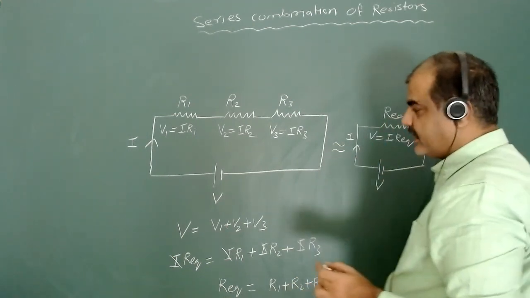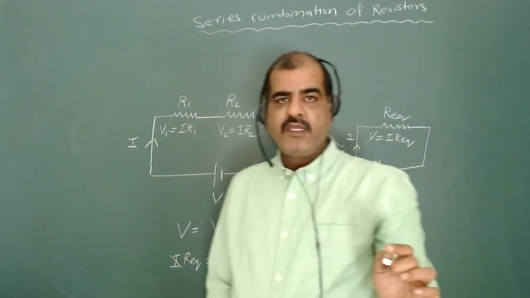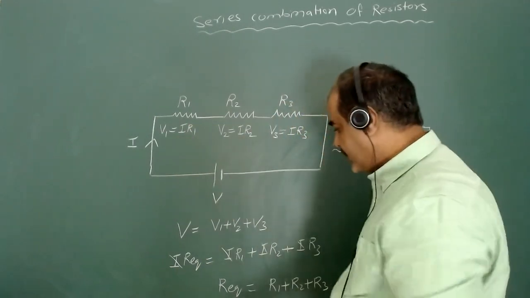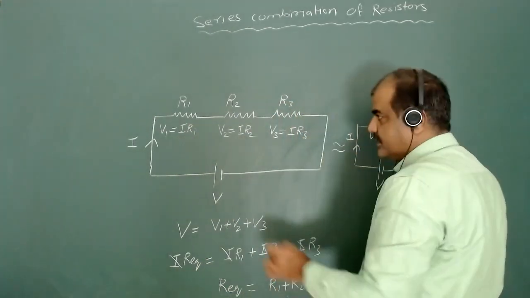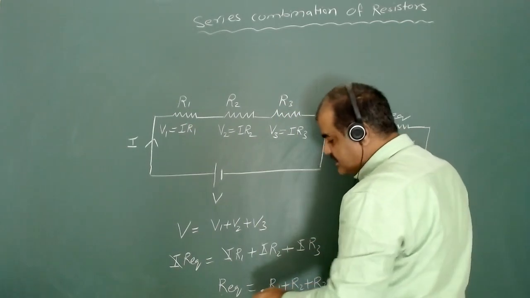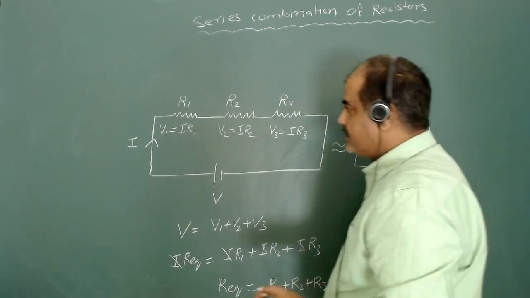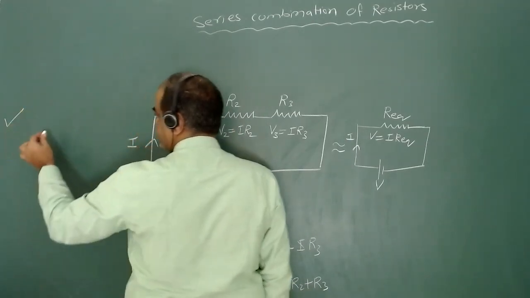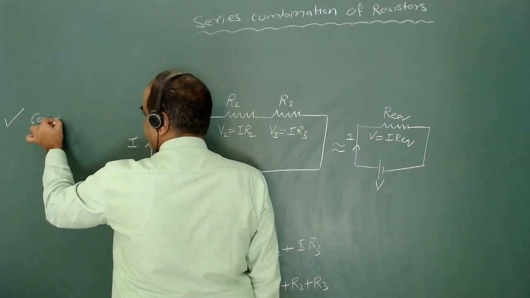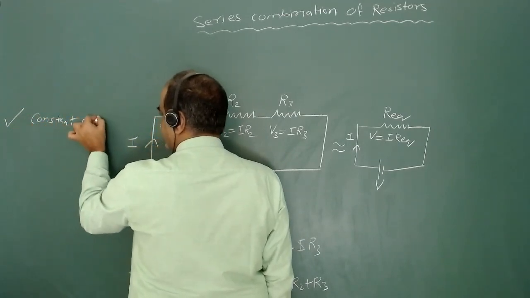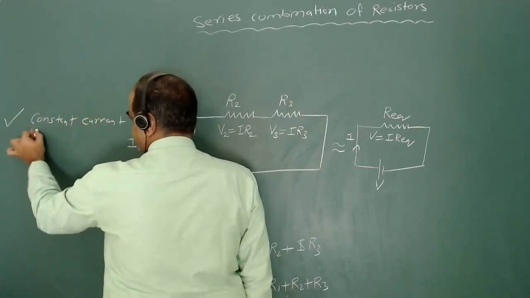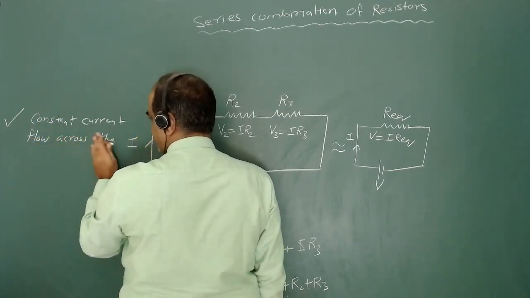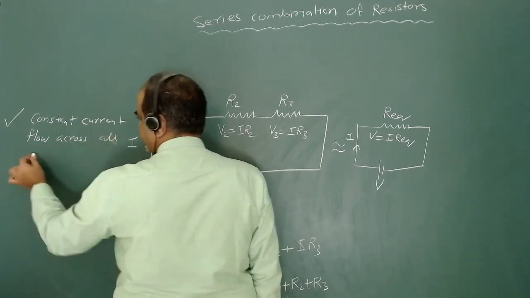Here I have used only three resistances. We can use any n number of resistances in series, and the total resistance of the series combination will always be the algebraic sum of resistances. So in a series circuit, number one thing is constant current flows across all the resistances.